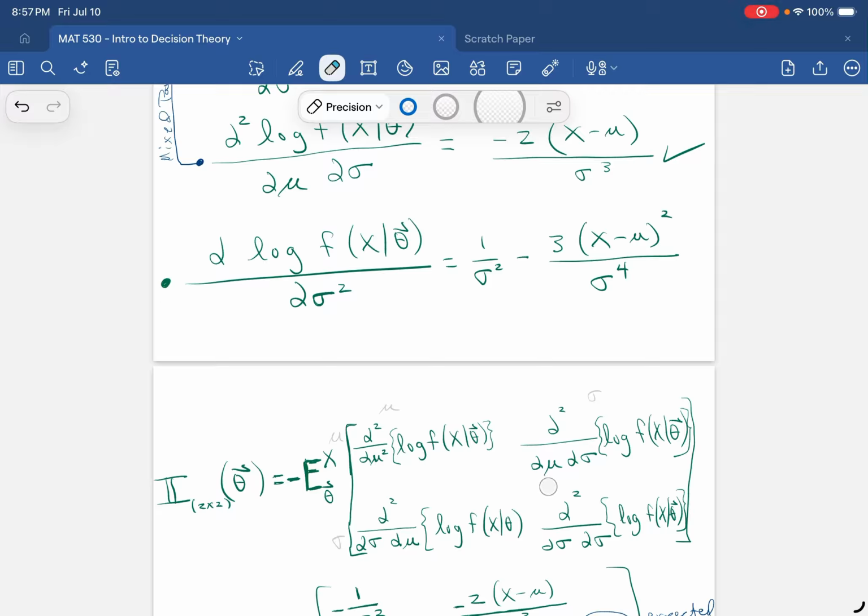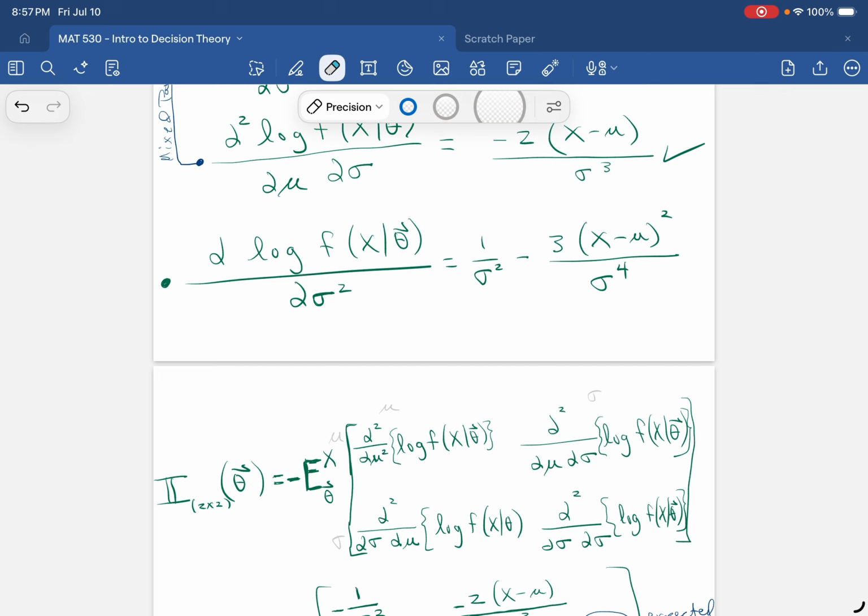And if we look at this, whatever the column you're in, that partial is the first one, and then whatever row you're in, that's the second partial. So like in the second row, second column, that's going to be with respect to sigma both times. And then the second row, first column would be with respect to mu first, and then with respect to sigma.